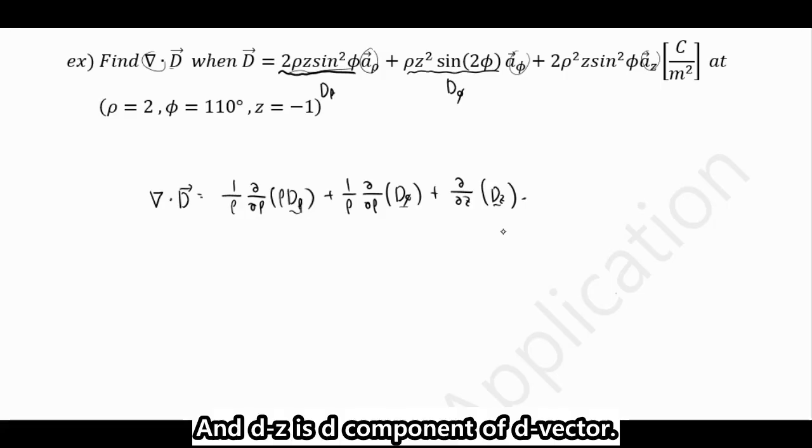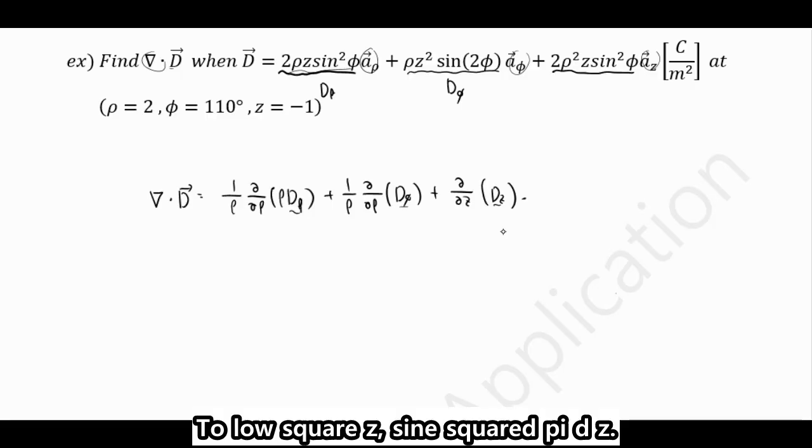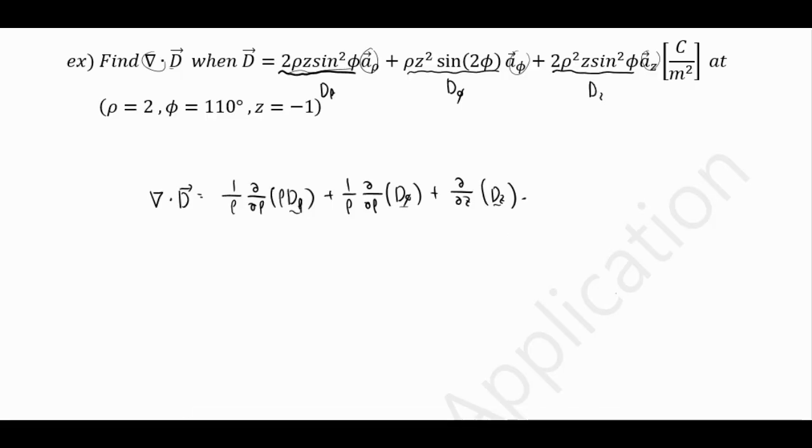And Dz is the z component: 2 rho square z sine square phi.